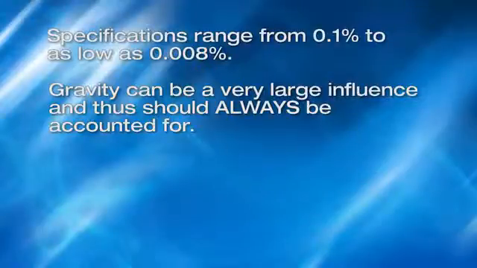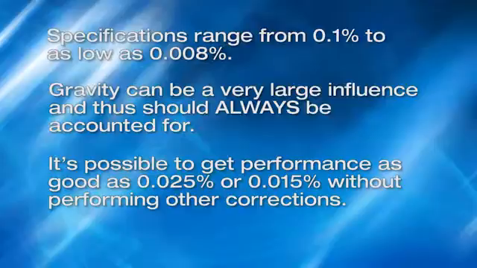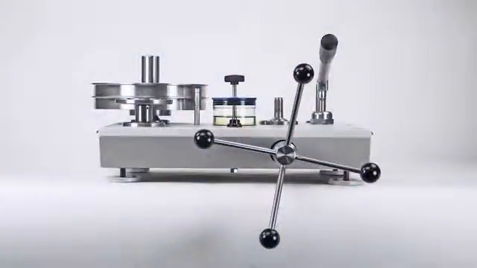Depending upon the design of the deadweight tester, it is possible to get performance as good as 0.025% or 0.015% without calculations. For example, the Fluke Calibration P3000 deadweight testers have a specification of 0.015%.